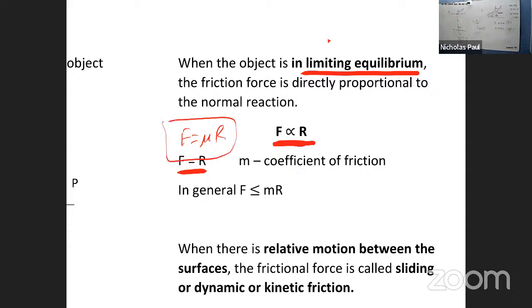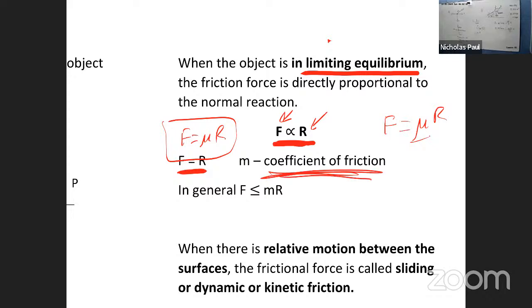Remember I told you all that friction is dependent on the contact force, right? The larger the contact force, the larger the friction. So at limiting equilibrium, F is equal to mu R, and mu is called the coefficient of friction.